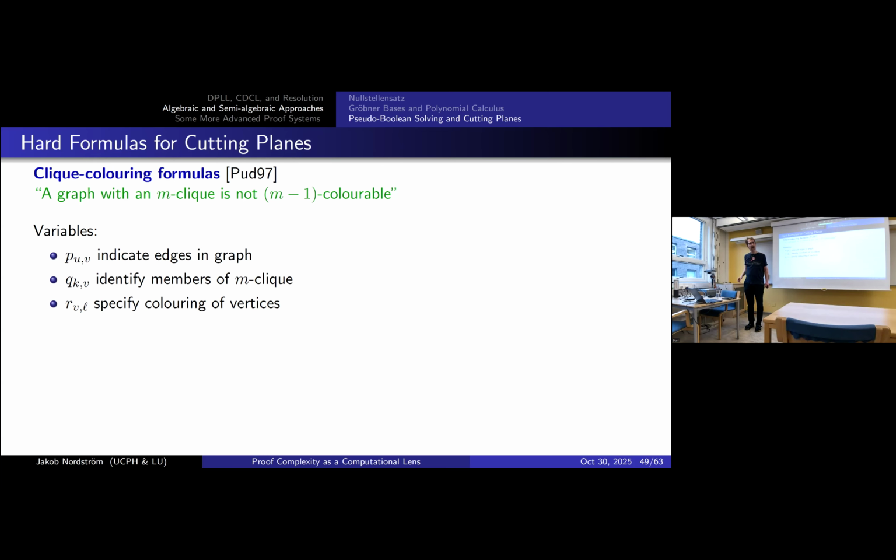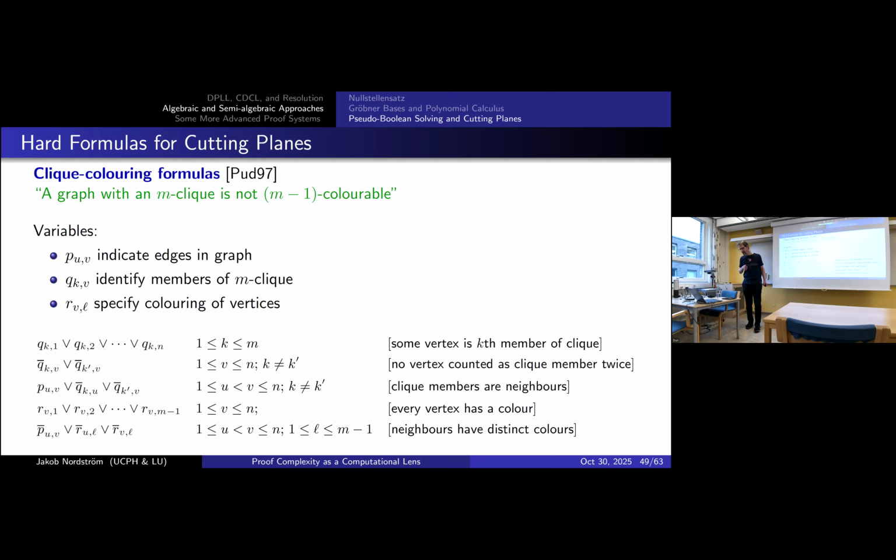Well, I have indicator variables p for the edges, and then I have the variables we had before, the q_{k,v} variables for clique members, the r_{v,l} variables for giving vertices v colors l, and I write something like this, which basically says, first, just as before, there are clique members, and then, if u and v are both in the clique, then there had better be an edge between u and v. So if this variable is true and this variable is true, then uv has to be an edge. So the clique members are neighbors.